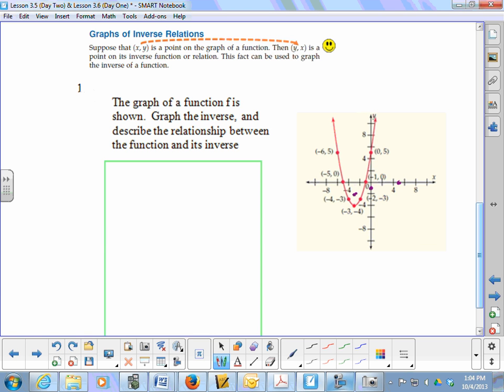So (-3, -4) is going to be (-4, -3). Here I have (-5, 0), which becomes (0, -5). And my last one, (-6, 5), is (5, -6). And we draw that graph.